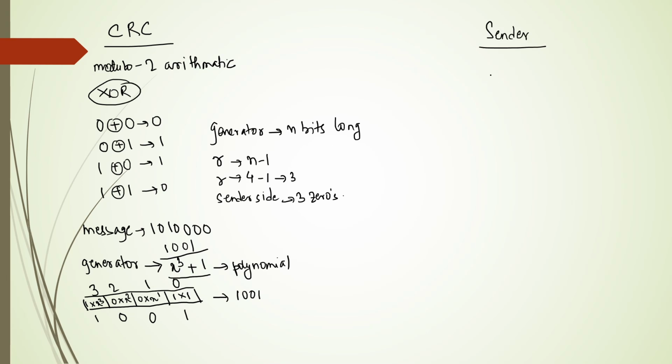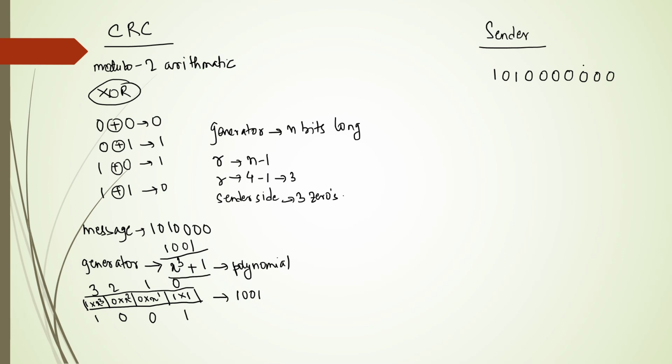It was 1 0 1 0 0 0 0, right? And to this data, since the generator is 4 bits long, we will add 3 zeros, 1, 2 and 3, to the actual data.